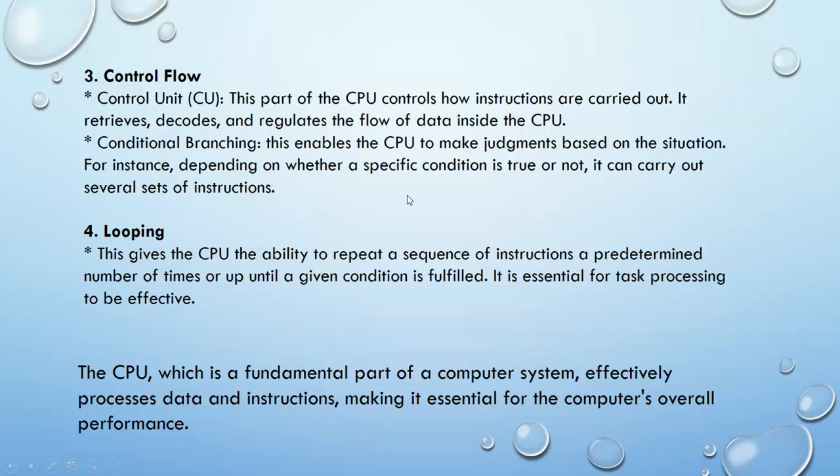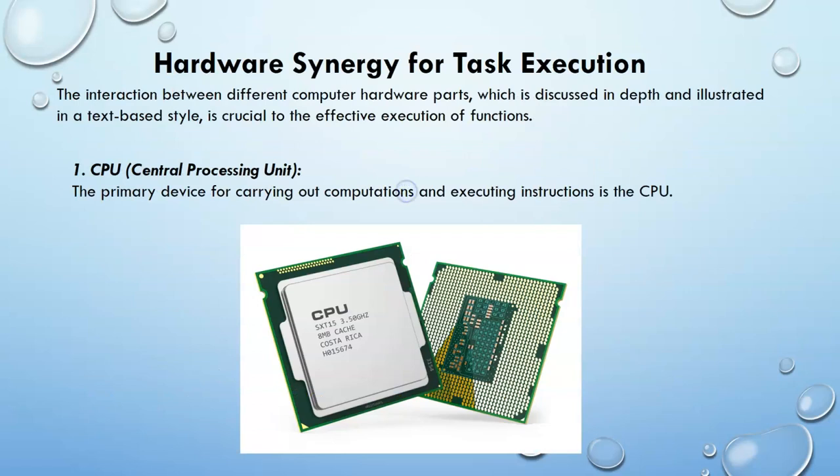The CPU is a fundamental part of a computer system, effectively processing data and instructions, making it essential for a computer's overall performance. Hardware synergy for task execution. The first one is the CPU, the primary device for carrying out computations and executing instructions.